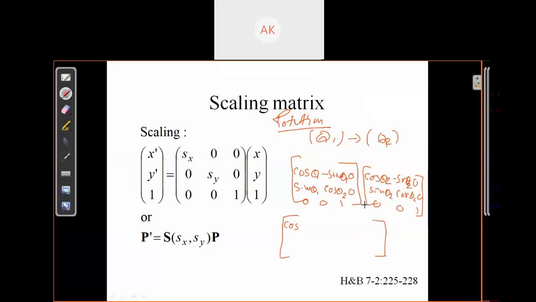You can just multiply these two matrices and you will get a single matrix, and using this single matrix you can rotate your object two times. So all these operations you can perform using a single matrix, meaning a sequence of transformations can be applied at once. Is it okay? If you have any doubt, you can ask.